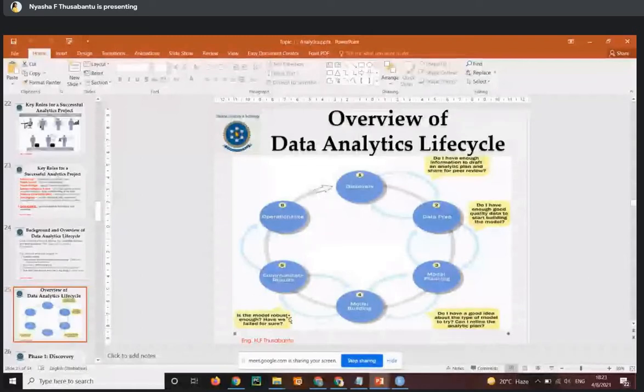So you need to then do that. Then you ask yourself, is the model robust enough? If we failed, for sure. Because if it's not correctly predicting, correctly prescribing, or correctly describing, then something is wrong. You go back.